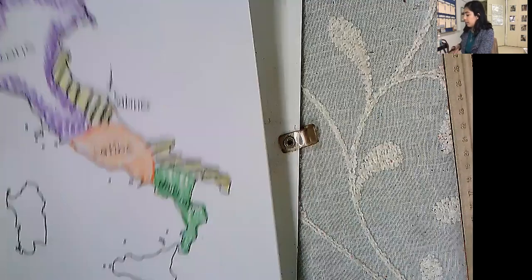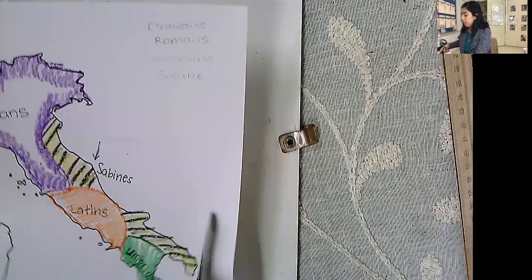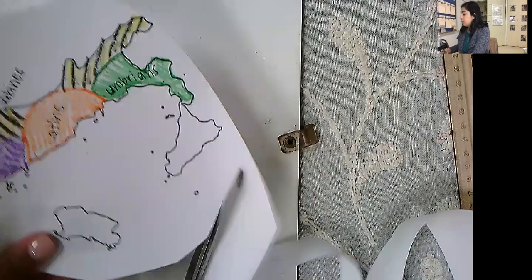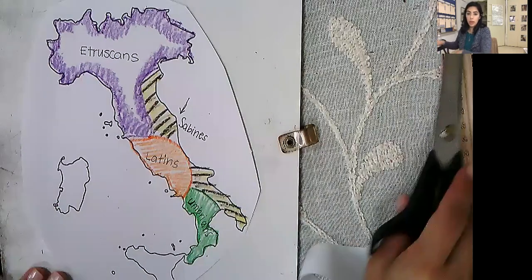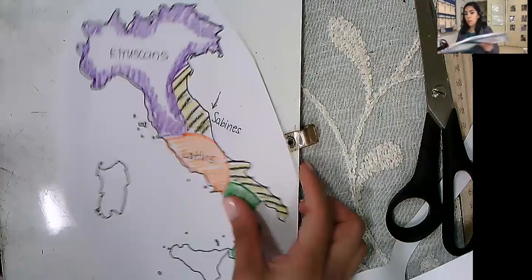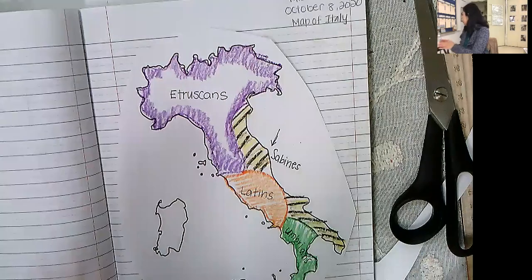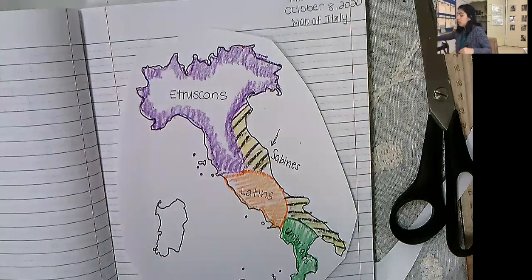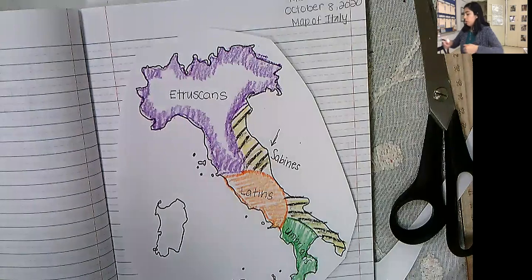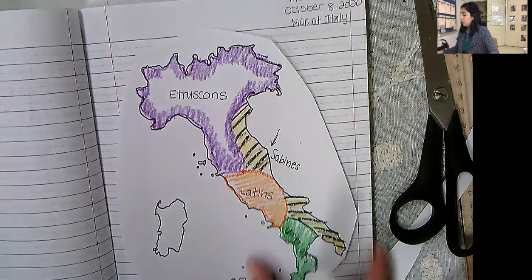So we're gonna go ahead and cut this. You don't need the islands. You can if you want. I'm just gonna cut a circle like this around it, okay? Then I'm gonna grab my history journal, and I am going to glue the back.